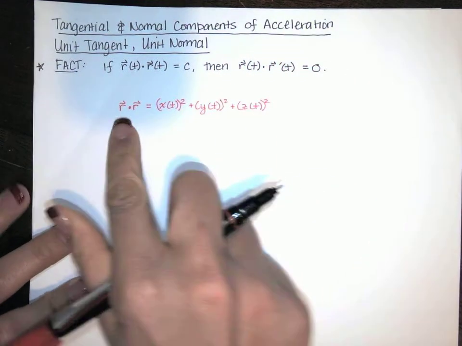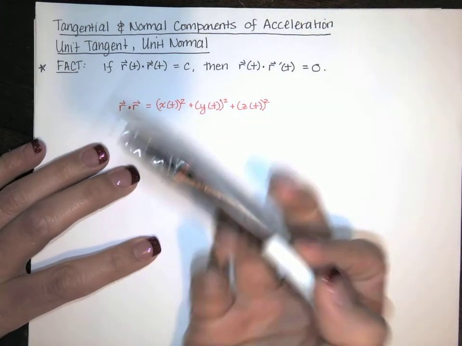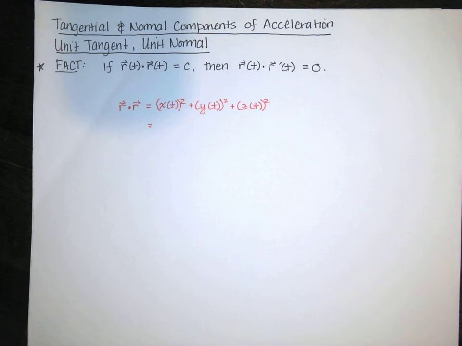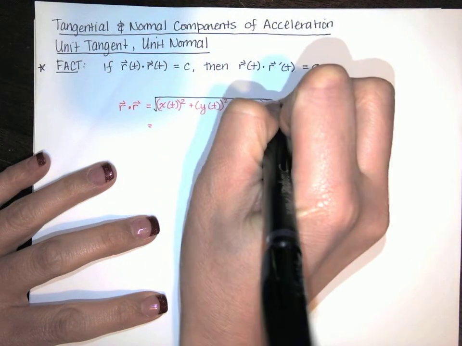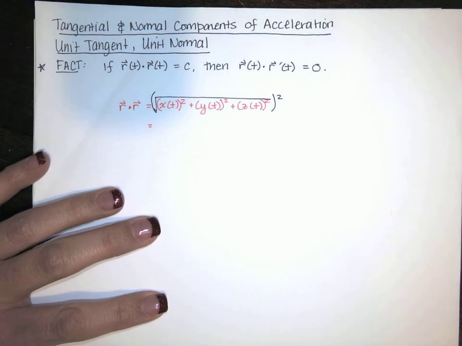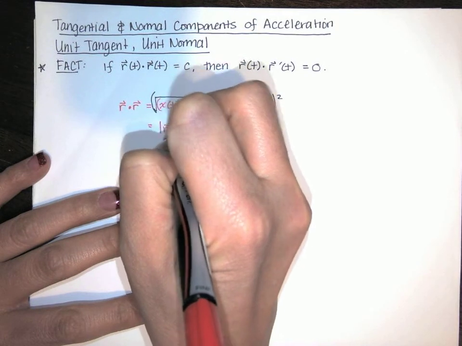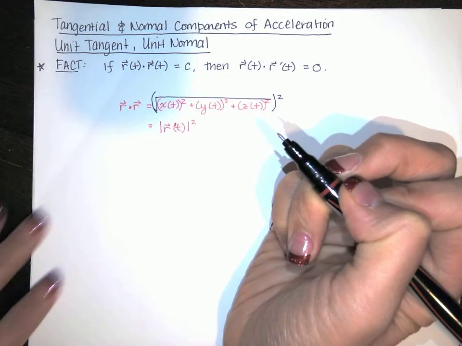If I'm in n-D, this pattern continues, I just have n terms instead of 3. Now that is almost exactly the same thing as the length of the vector r. The length of the vector r is this. So if I take that length and I square it, I'm getting r dot r back. So this is the length of r of t squared.